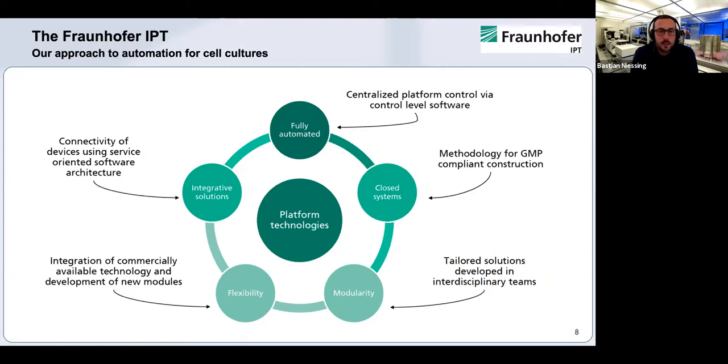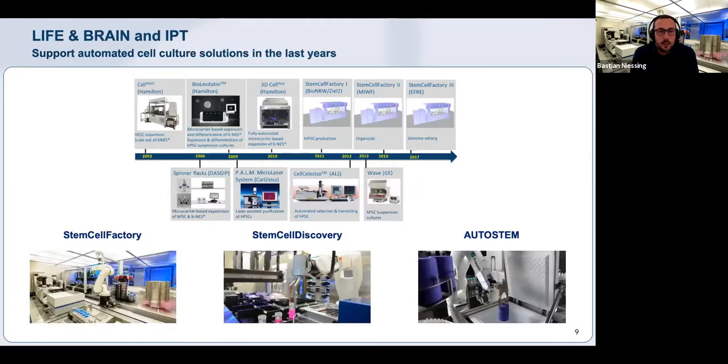And here on the next slide, you can see how much experience we have over the last nearly 20 years in cell culture automation. It all started in the year 2003 with the so-called cell host. This was a cooperation with the company Hamilton, where we built a liquid handling unit. Here you can see on the left and on the right side 2 incubators.